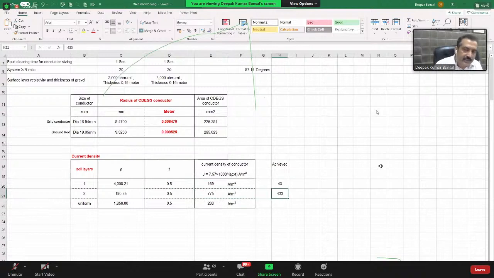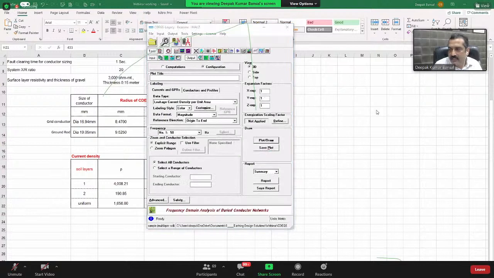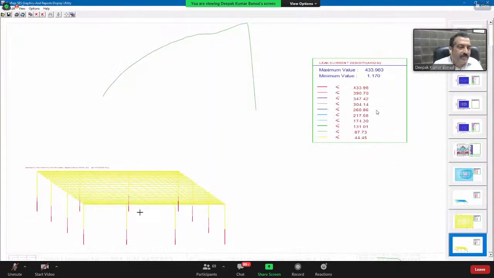So we can say that our earthing grid is very much safe, and what we have designed is accurate, and we don't need more earthing conductors or ground rods, because there is a valid question every time people ask: how many ground rods should be there, how many conductors should be there.